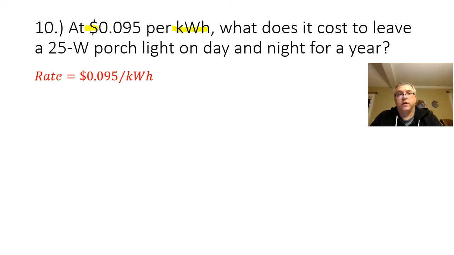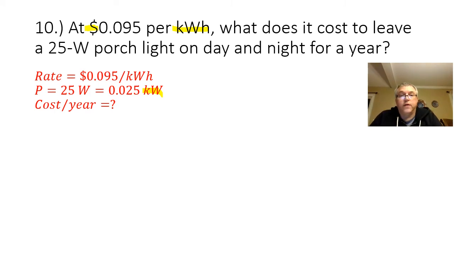So we're going to mark that in dollars per kilowatt hour. And we are given the power consumption of the light bulb, which is 25 watts, which we also need to convert to kilowatts. And we want to know how much it costs to leave it on for the year. So we are looking for dollars per year.